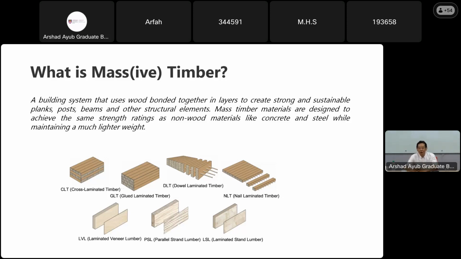Mass timber materials are designed to achieve the same strength ratings as non-wood material like concrete and steel, while maintaining a much lighter weight. And in a broader sense, there are seven types of mass timber: CLT, GLT, NLT, LVL, PSL, and LSL. You can check on ChatGPT what each means later on.